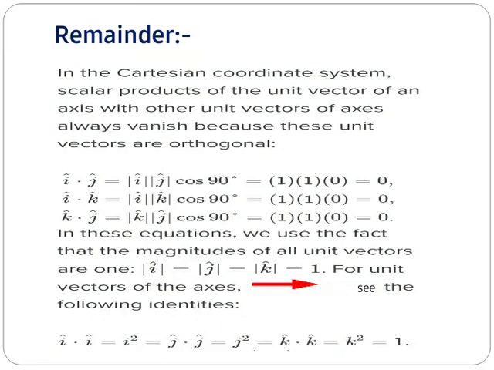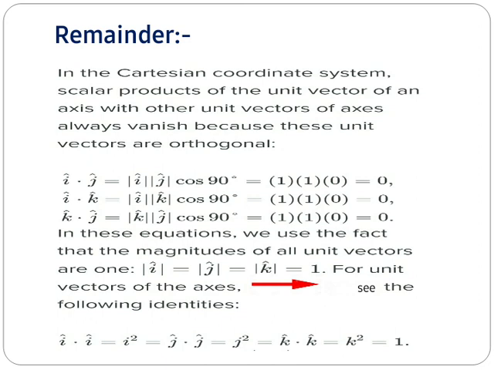Why are the unit vectors called orthogonal? Because the unit vectors, each one along each of the axes, that is x, y and z axes, are mutually perpendicular to one another, as x, y and z axes are mutually perpendicular to one another. So they are said to be orthogonal.